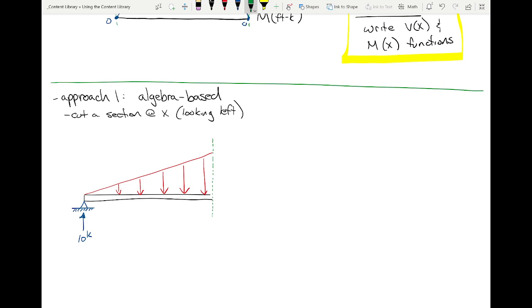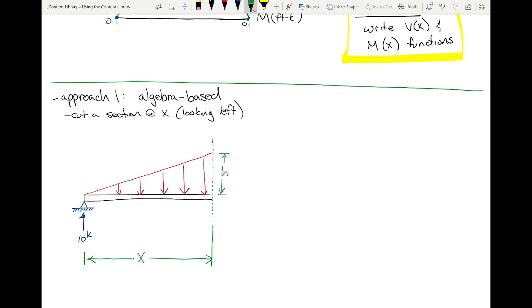Okay? Now, so that we're paying attention, this dimension here is x. Okay? This dimension here is h. Right?